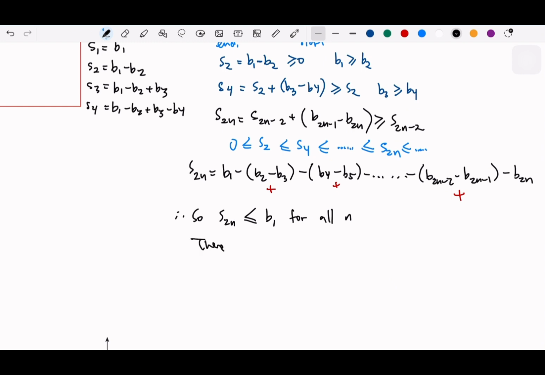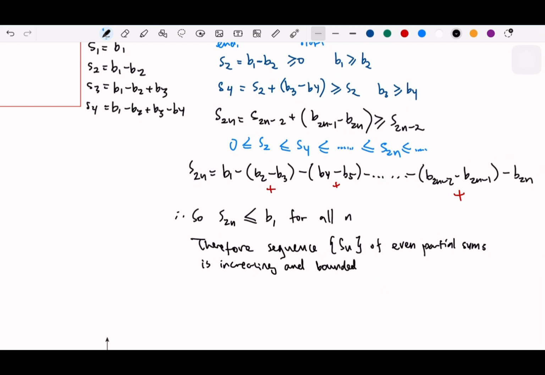Therefore, since this is always decreasing, if you remember the sequence, the sequence of, let's say, the even partial sums is increasing and bounded above.